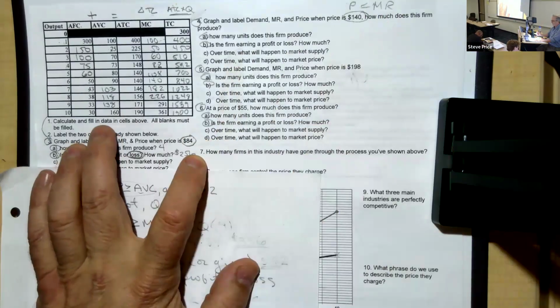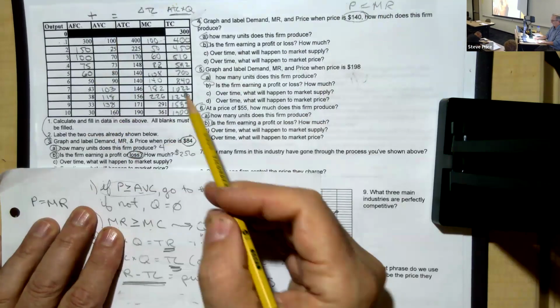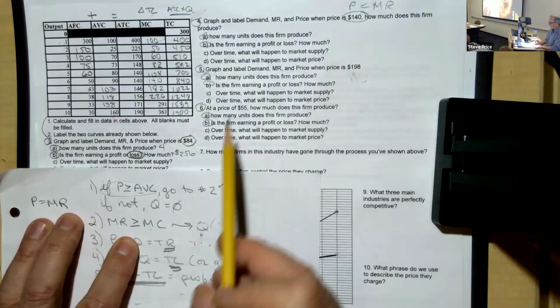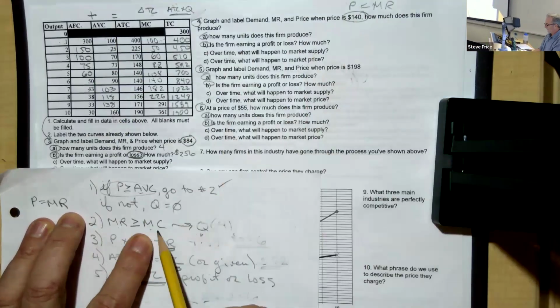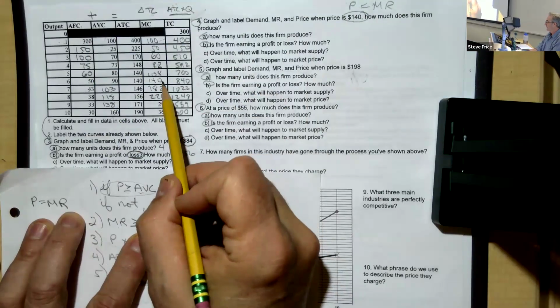Now, the first thing we need to do is see if 140 is greater than any of these. And the answer is yes. So we go to 2. Then we find where this marginal revenue best fits marginal cost. We get a nice tight fit, don't we? See that right there? Where they're perfectly equal.